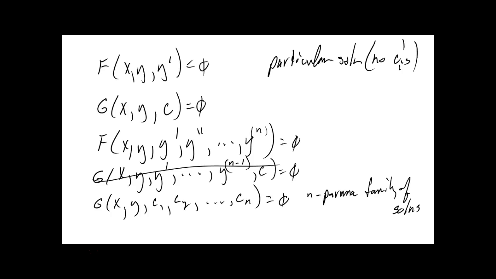Let's look at one. Example 6. The one-parameter family, y is equal to cx minus x cosine x, is an implicit solution of this linear first-order equation, x y prime minus y is equal to x squared sine x.